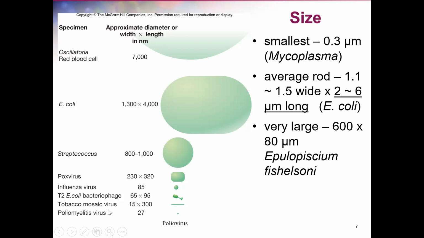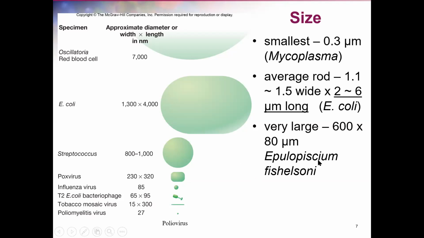Tobacco mosaic virus, and then poliomyelitis virus, you can see it's very small, right? Compared with E. coli, it's like one person standing in a stadium, right? That's why a lot of viruses can live within bacteria and feed on them. So this is relevant for knowing the relative size.